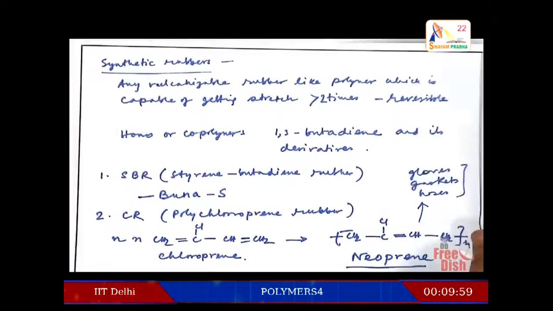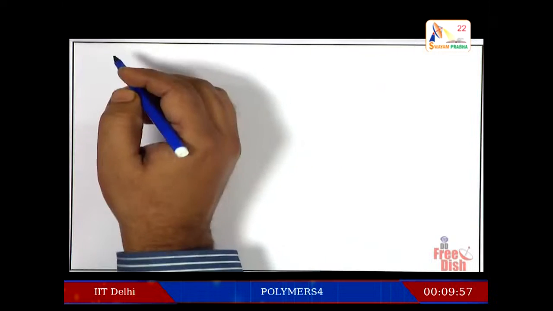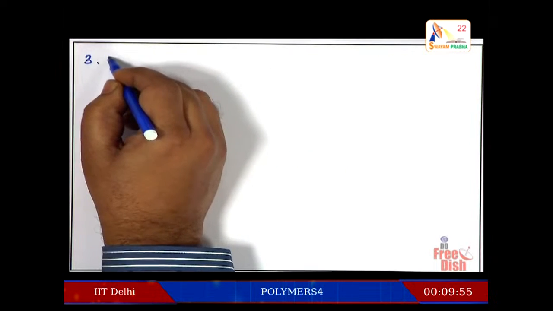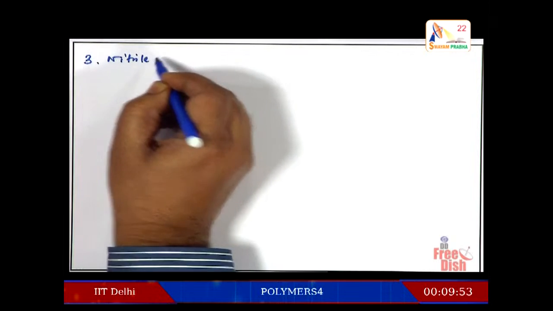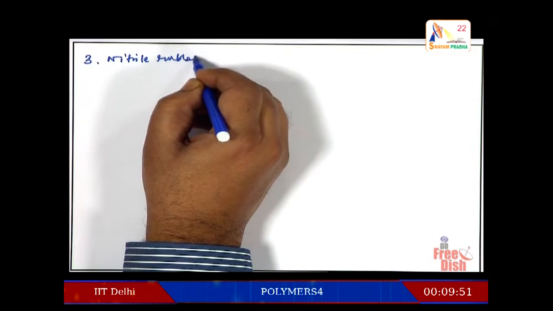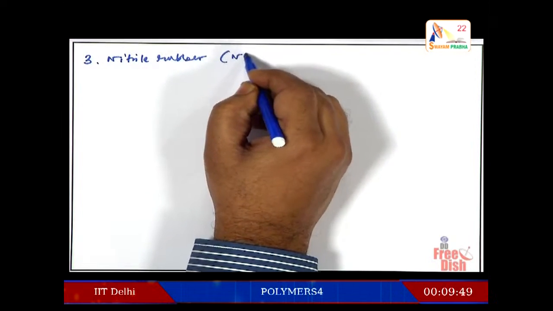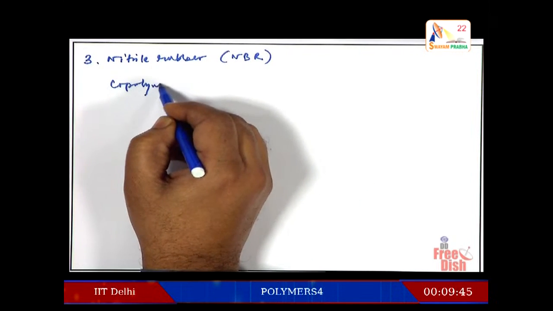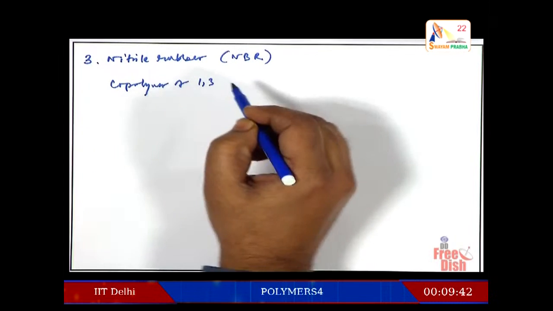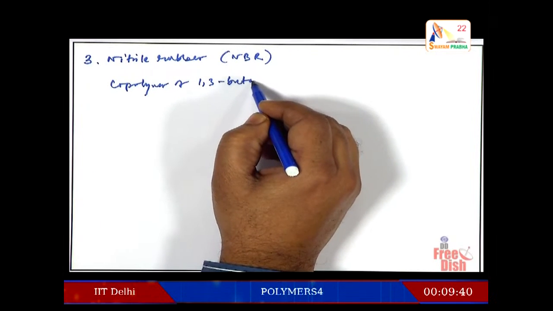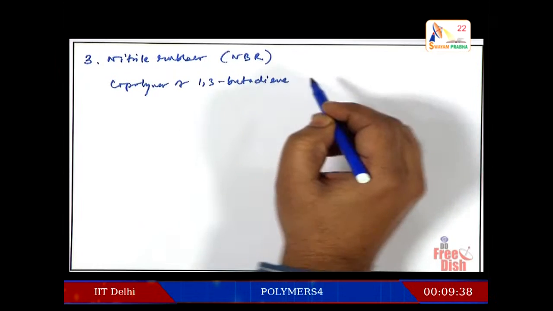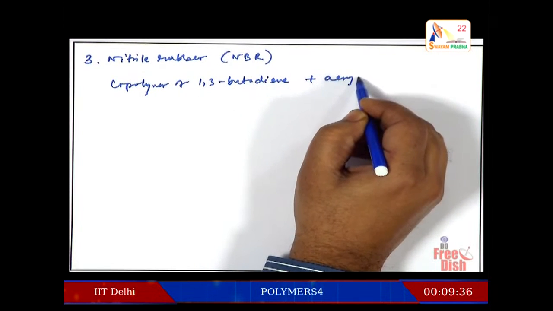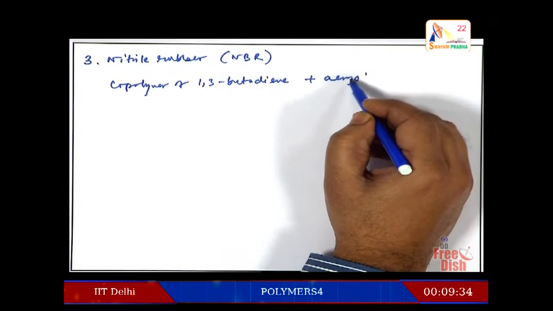The third category of synthetic rubbers is nitrile rubber, or NBR, where we get a copolymer of 1,3-butadiene plus acrylonitrile.